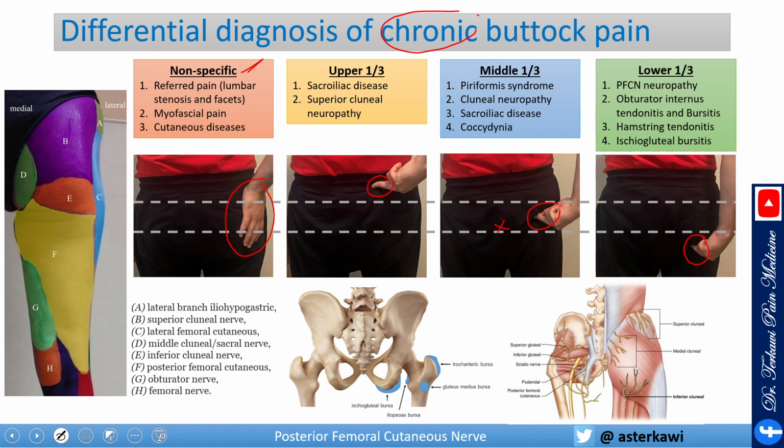As you see, there is a wide variety of differential diagnoses. Because I want to make this lecture short, I'm not going to go into detail over them. But here is a useful dermatome picture, and here you see the bursa, and here the nerves that can cause neuropathy.